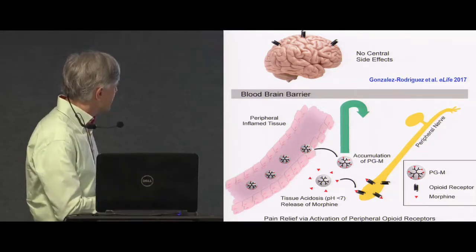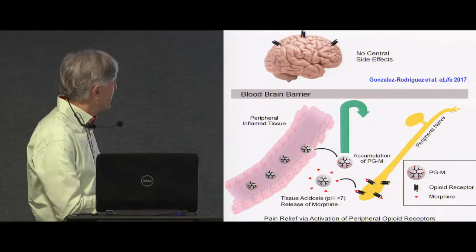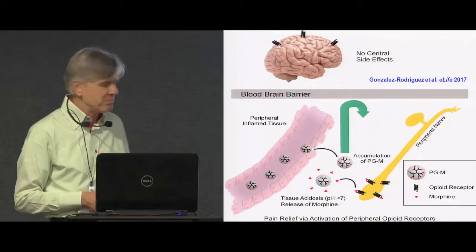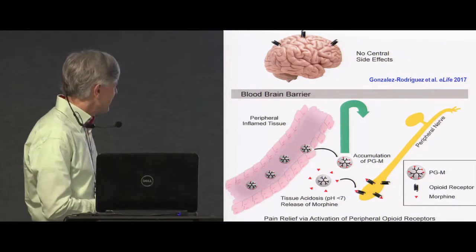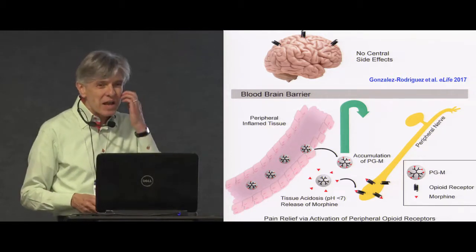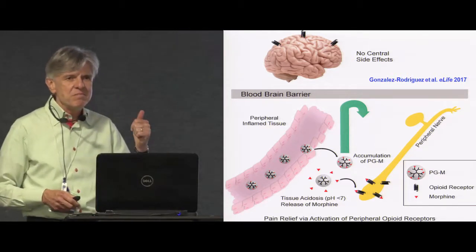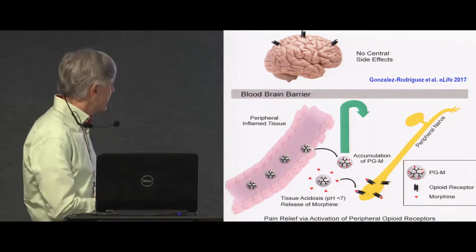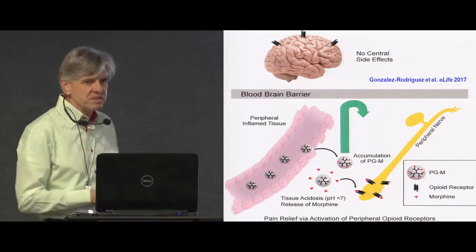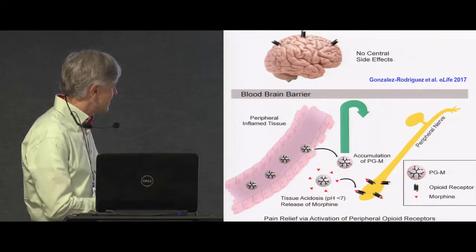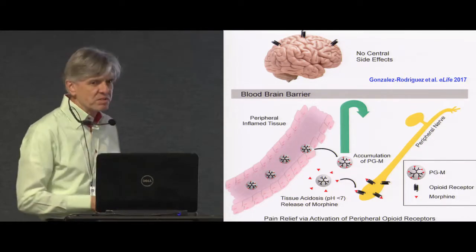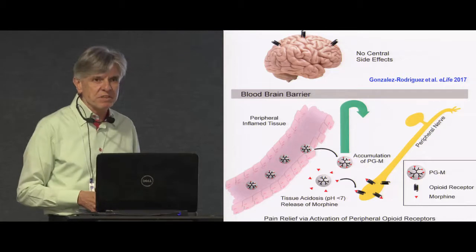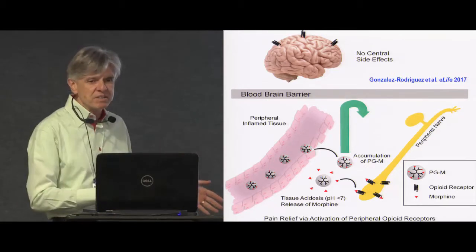But it will not reach the brain because it's simply too big to cross the blood-brain barrier. And in the inflamed tissue, there is acidosis, and there are many proteases, and both of these factors would then release morphine from this huge molecule, and the morphine would act on these peripheral receptors exclusively. So that is one strategy.